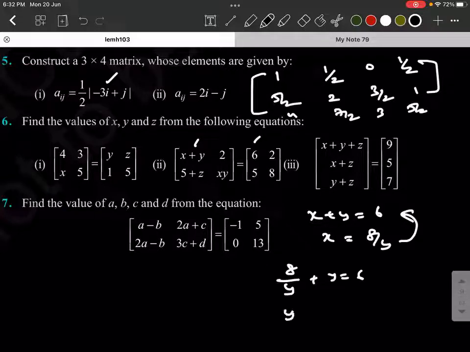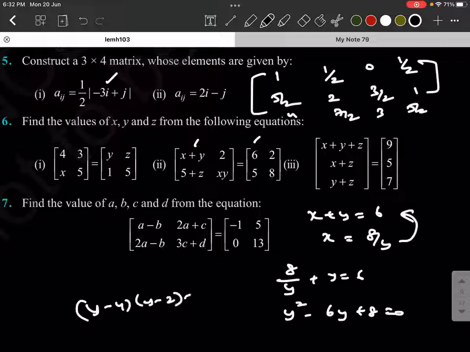So that's what I told you, you'll get a quadratic equation: y square minus 6y plus 8. Now you will have y is equal to 4 or y equal to 2, correct. So when y is 2, x will be 4. When y is 4, x will be 2. Understood, Nitish? Yes, sir.